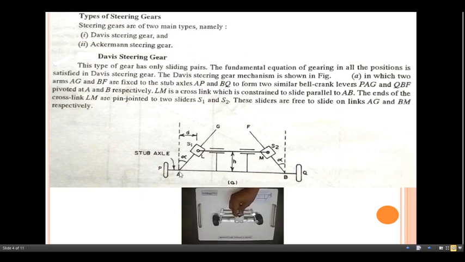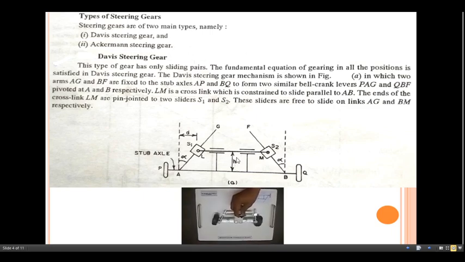Here are the stub axles AP and BQ, forming the two similar bell crank levers PAG and QBF, pivoted at point A and point B respectively. This LM is the cross link, which is constrained to slide parallel to AB.